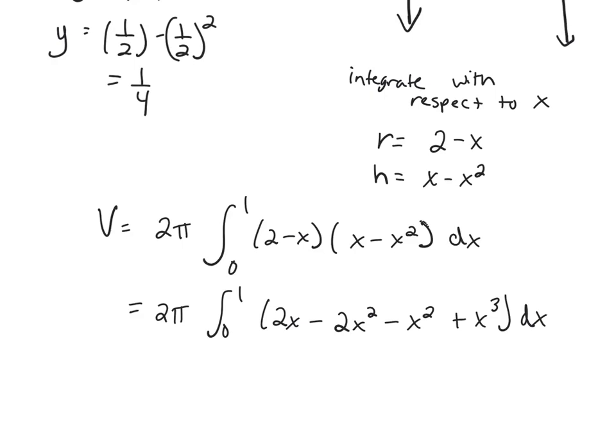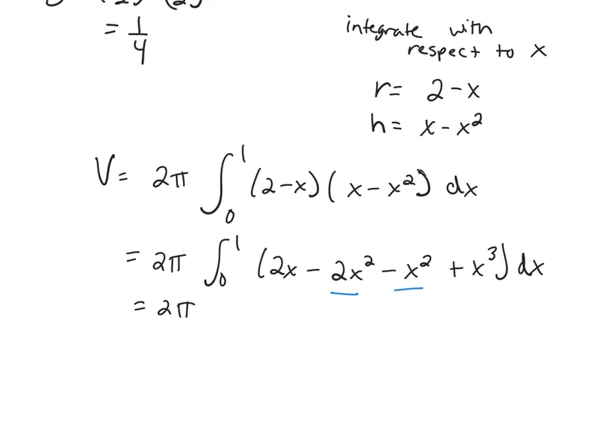And again, if it was me, I would combine your like terms because then that means you have less to plug numbers into. So I would combine this minus 2x squared and this minus x squared. Combine it into a minus 3x squared plus x cubed.